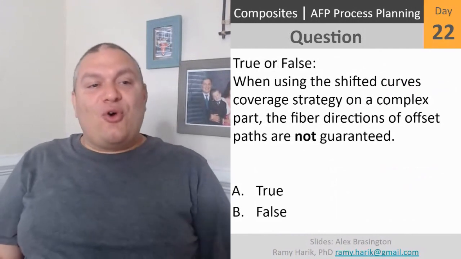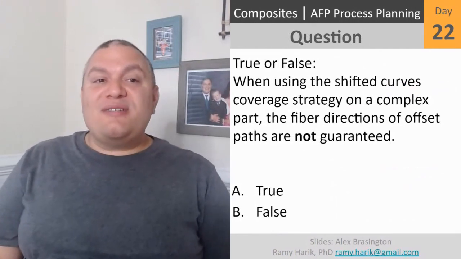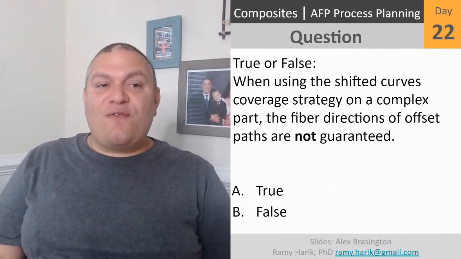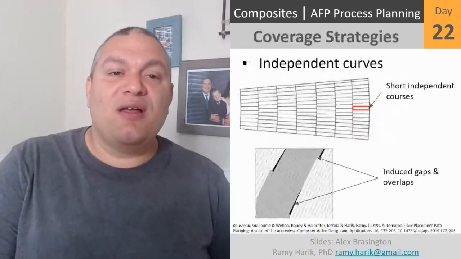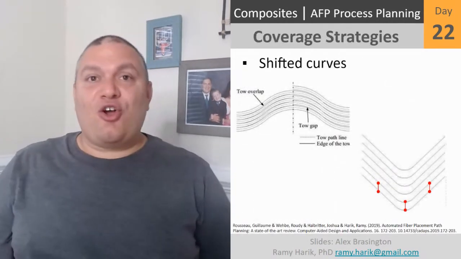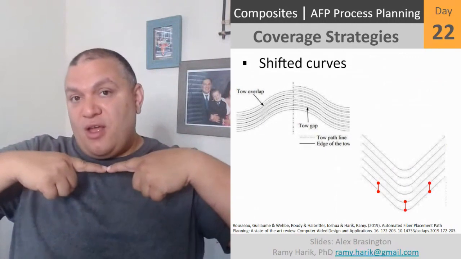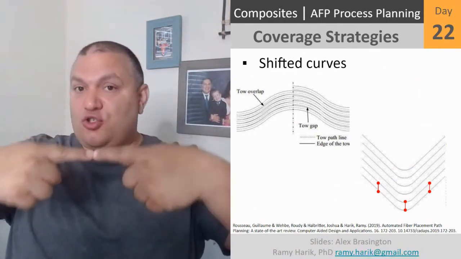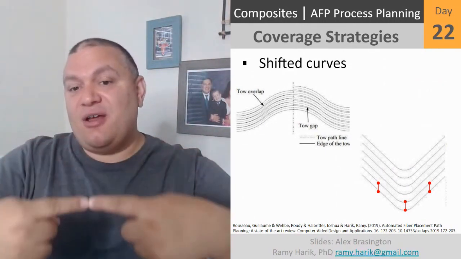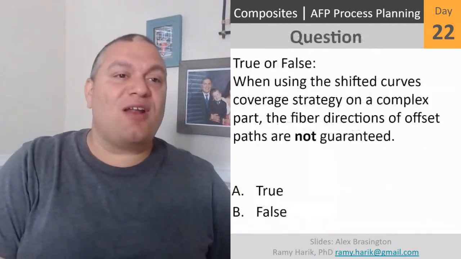All right, so true or false? When using the shifted curve coverage strategy, so this is once again the shifted curve. You take the same curve and you shift it. So you're not changing your steering, but you're accepting gaps and overlaps.